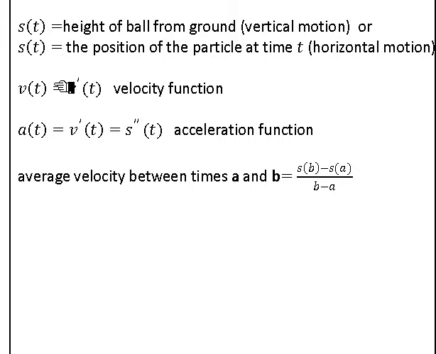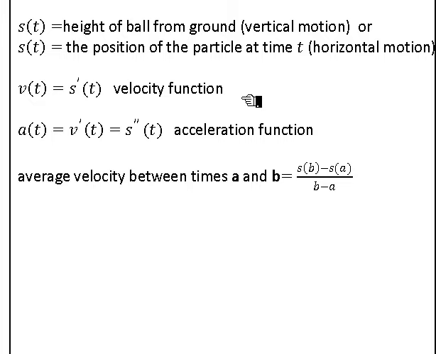Velocity really represents change in distance, how quickly distance is changing. And in class we discussed that the derivative tells us how quickly a function is changing at any particular t value or x value, depending on what our variable is.